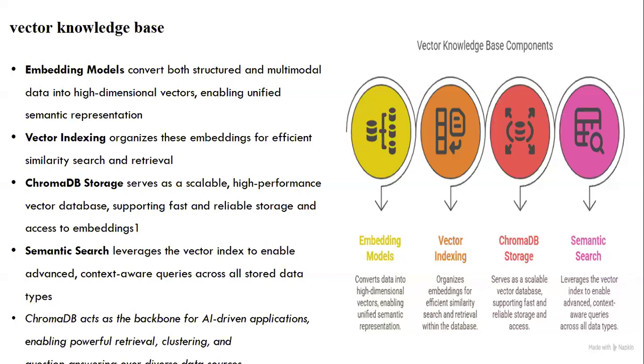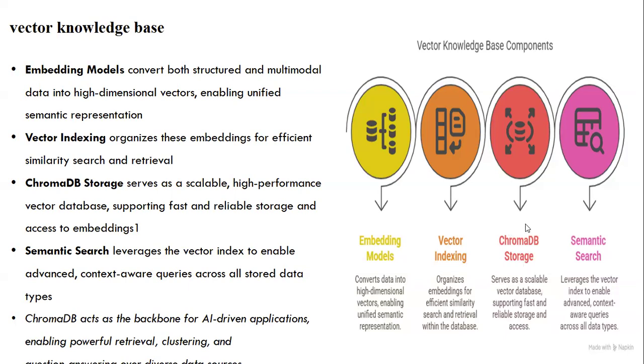That is our main purpose: recommendation, semantic search, and AI-driven analysis, with the fastest retrieval of information from the database. So Chroma DB is helpful. This is the vector database, which is helpful with the embedding model, vector indexing, and Chroma DB storage.